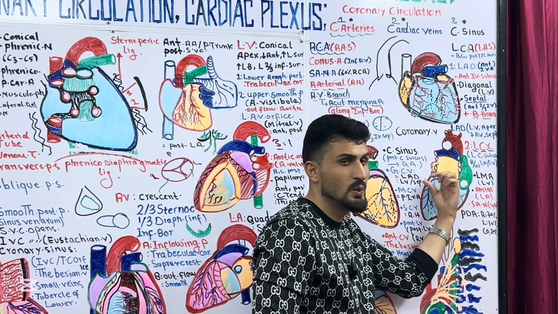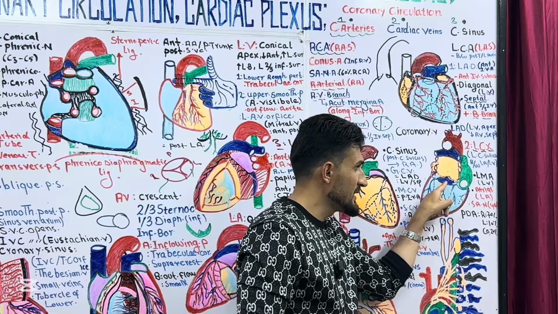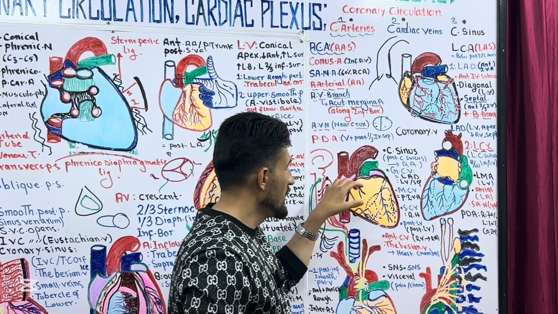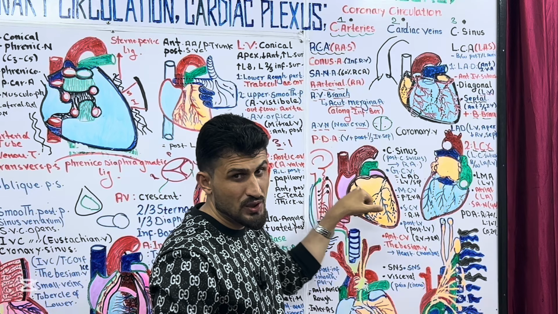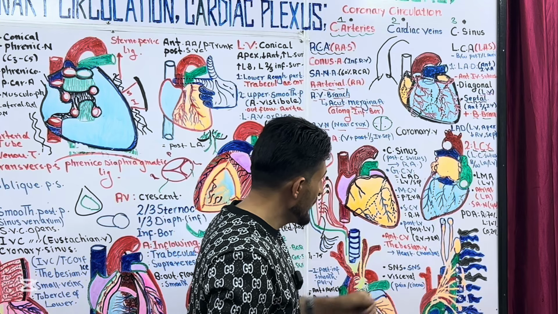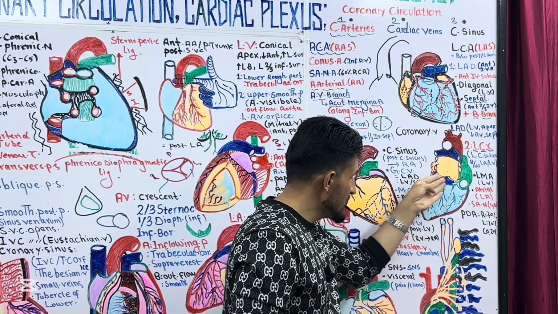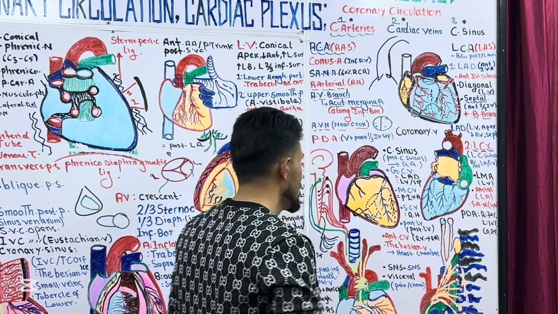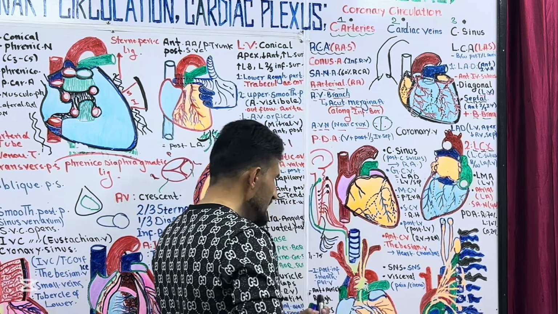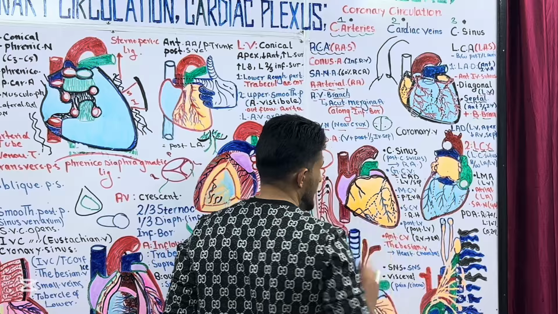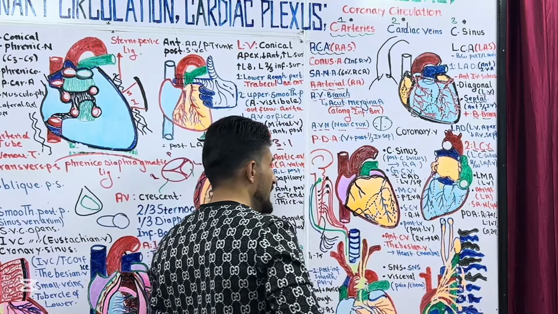This is the greatest vein, and this coronary sinus drains into the right atrium that we studied previously. So now a lot of veins drain into this sinus. For example, from the anterior part, we have a vein which is called great cardiac vein.